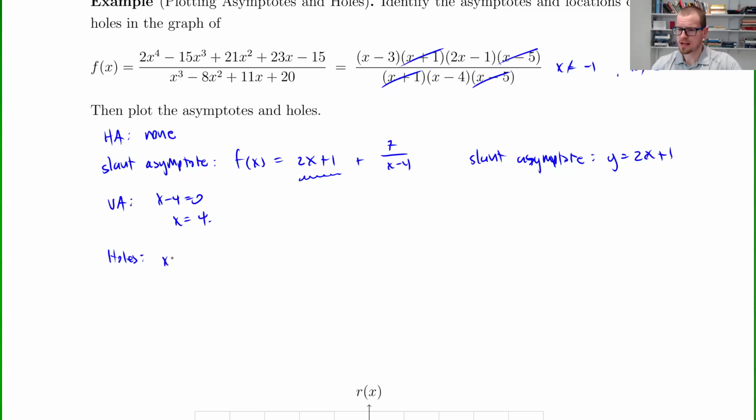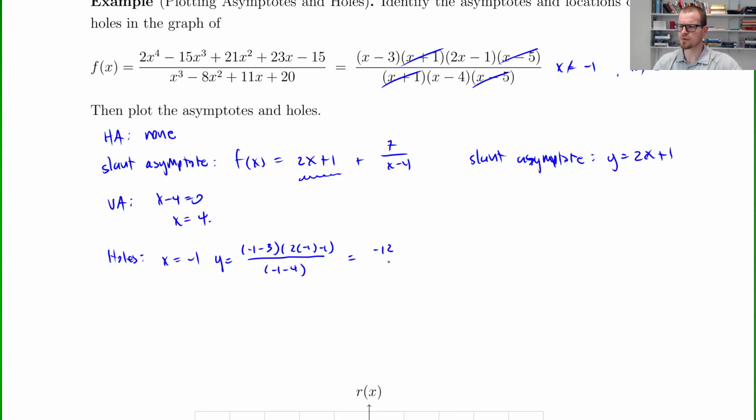All right, for x being -1, if the function were defined, what would it be? Well, it would be what I can plug in here after simplification. So y would be equal to -1 minus 3 times 2 times -1 minus 1 divided by -1 minus 4. -1 minus 3 is a -4. -2 minus 1 is a -3. -4 times a -3 is going to be a -12.